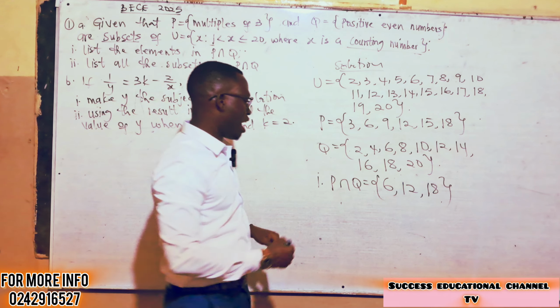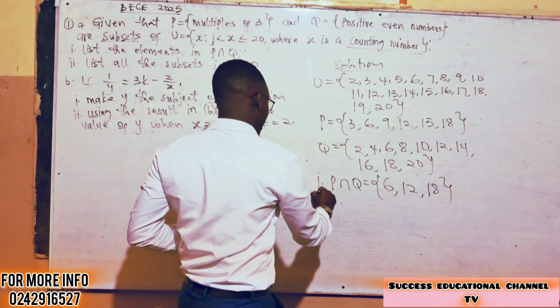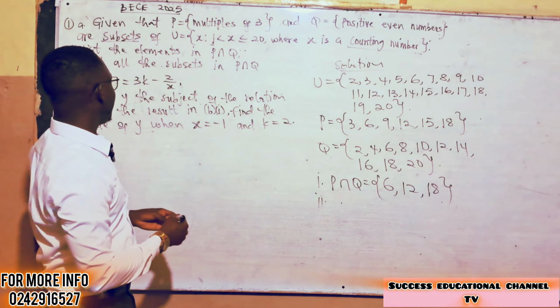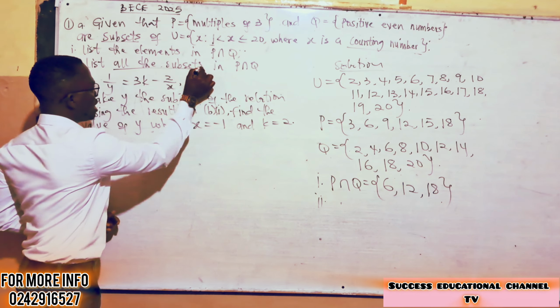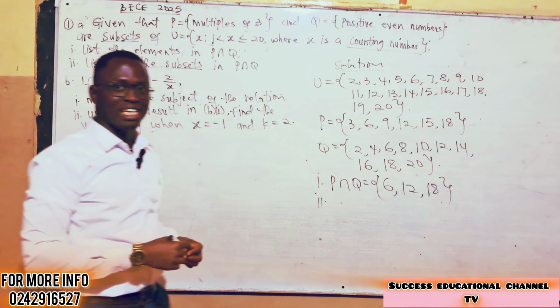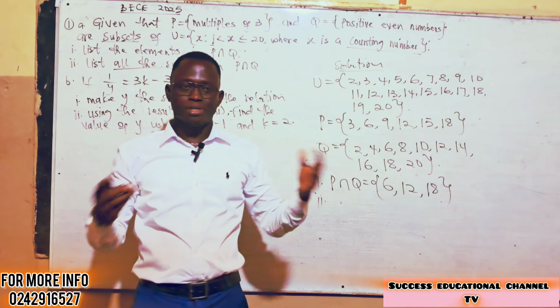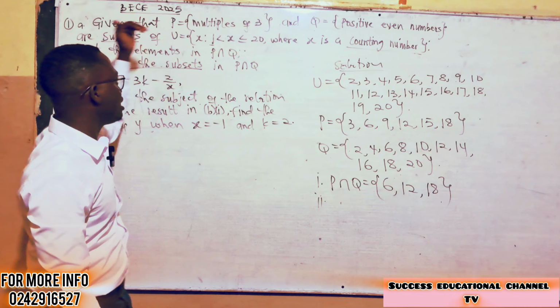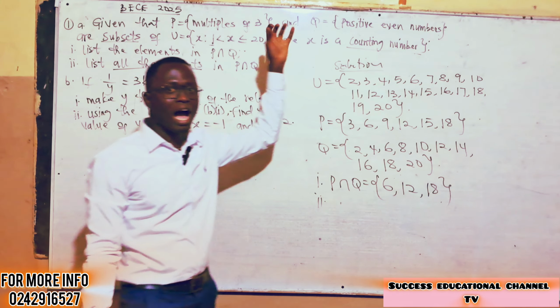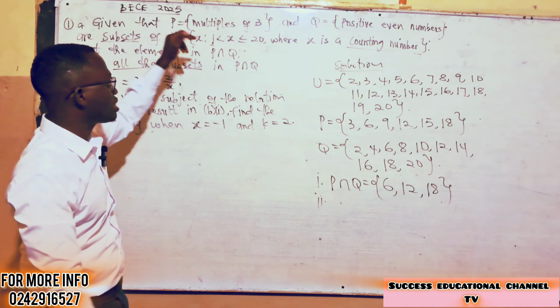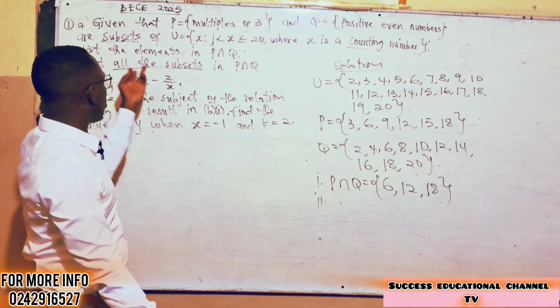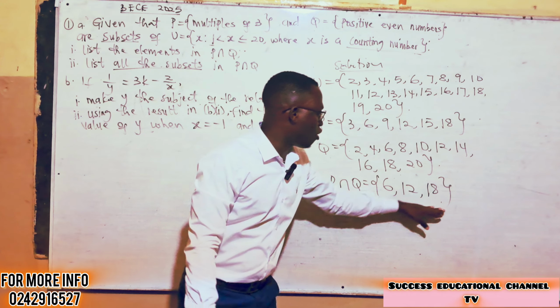And let's move on to II. II says that we need to list all the subsets in P intersection Q. Just as we have in the question, which says set P and set Q are subsets of the universal set, we are listing all the subsets of this set.